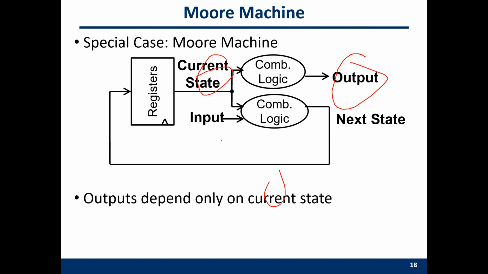But the current state and the input decide the next state. The difference between the Moore state machine and the Mealy state machine is that in the Moore state machine, the output depends on only the current state. But in the Mealy machine, the output depends on the current state and the input.